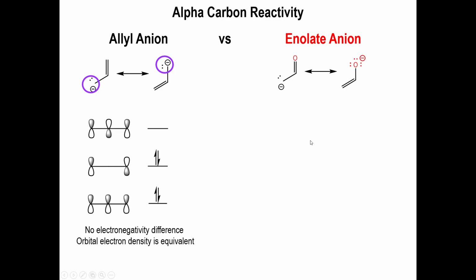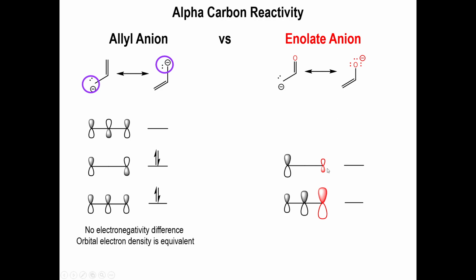So what ends up happening is that for the molecular orbitals, you get something similar to what we have here for the allyl anion, except that the lowest molecular orbital is completely favoring electron density on oxygen, and you can see that depicted by having a much bigger p orbital on the oxygen, compared to the rest within the molecular orbital. And what this is basically telling you is that the most stable electrons are the ones around that oxygen.